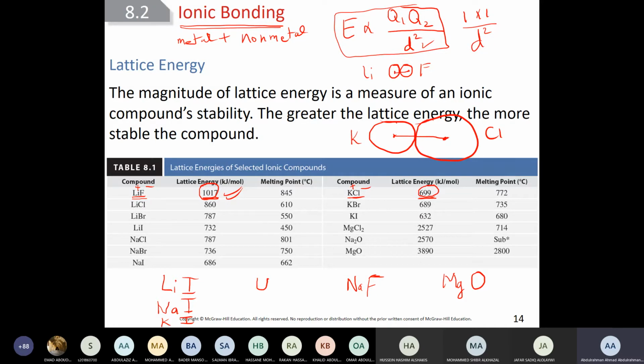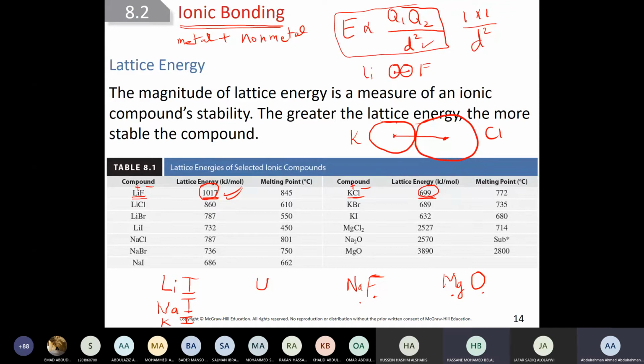Assume that the size of sodium and Mg is the same and fluoride and oxide are the same, so the distance is almost the same. Which one will have higher energy, NaF or MgO? MgO. Why is that?